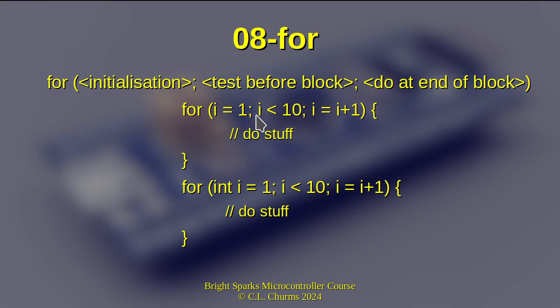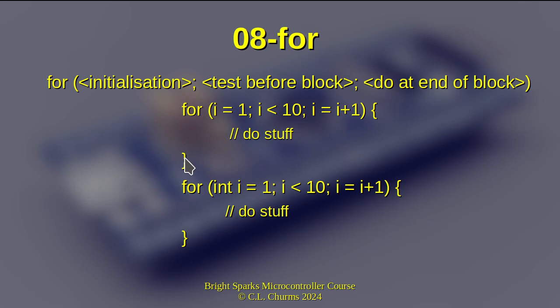The third statement says at the end of the block, in other words, when we reach that last brace, what must we do? We must make I equal the old I plus 1. So the old I, the first time round, was 1.